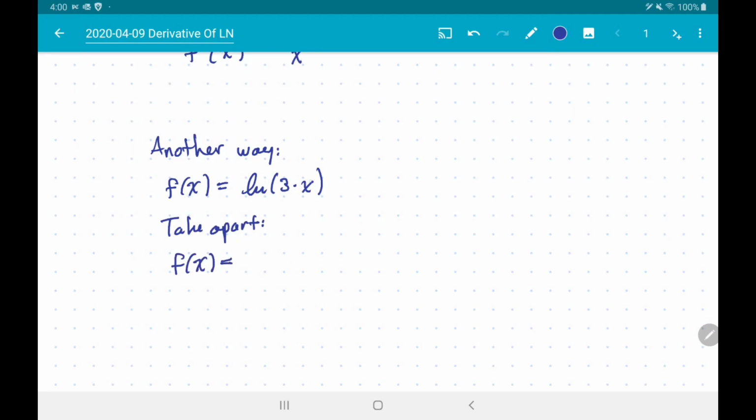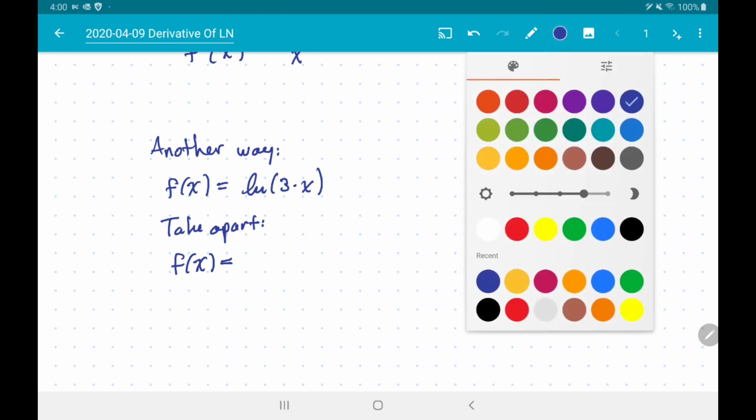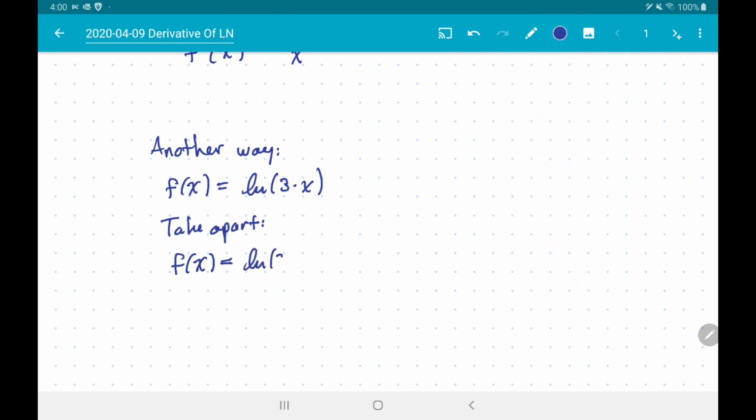If you'll notice, ln is applied to multiplication. And remember that ln of multiplication can be taken apart. The result is ln of the left, which is 3, plus ln of the right, which is x. So that is a step of just algebra.